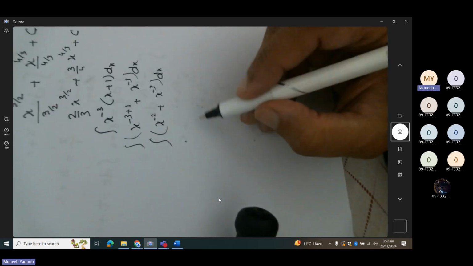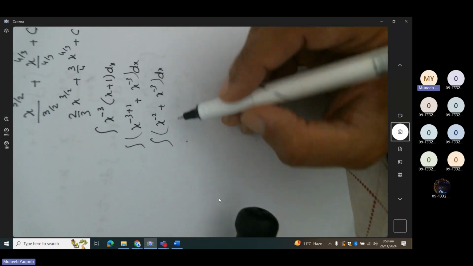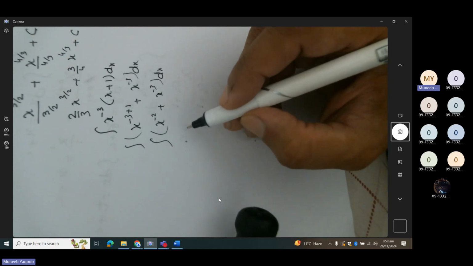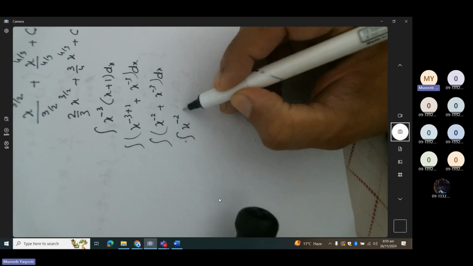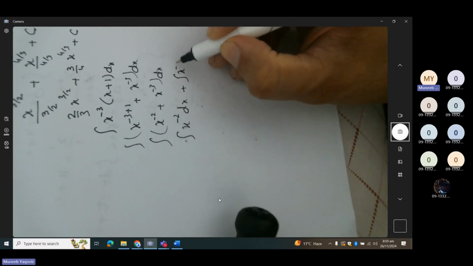Now we are to integrate these two terms. So we will integrate them individually, that is separately. So we will write integral of x power minus 2 dx plus integral of x power minus 3 dx.